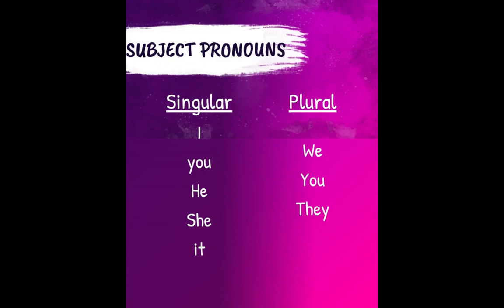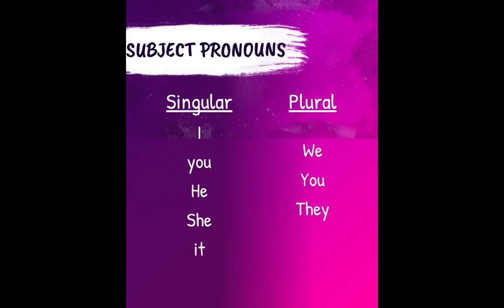Now, the subject pronouns, like I said before, we have singular and we have plural. Remember, singular is one, plural is more than one, okay? So some of our singular subject pronouns are I, you, he, she, and it.